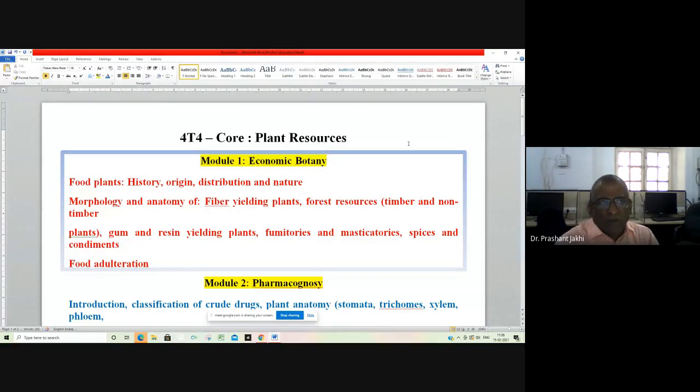Throughout life, thousands of different types of plants fulfill our several requirements. I think all of you know there are 4 important requirements of human beings, and these include food, shelter, clothing, and a healthy environment.